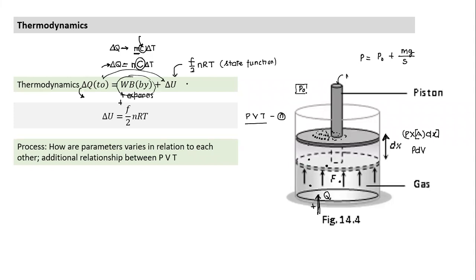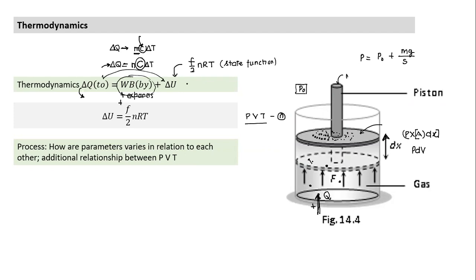Okay, so suppose I have kept some sand here. I'm not changing any amount of sand. I start supplying heat here. When heat is supplied, some change will happen. But if the weight on the piston is not changed, what will happen?